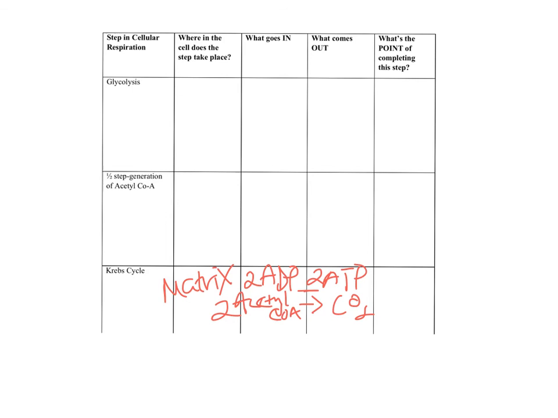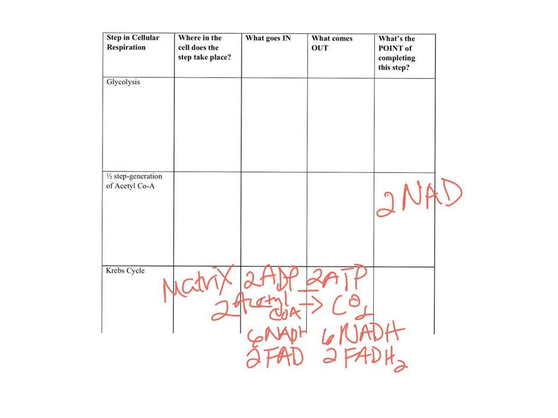All right, we end up with 6 NAD pluses going in and 6 NADHs coming out, right? You end up with 2 FADs coming in, and they come out as 2 FADH2. Okay, now remember, we had, I think, 2 NADHs here, and I can't remember in glycolysis if that was 1 or 2.